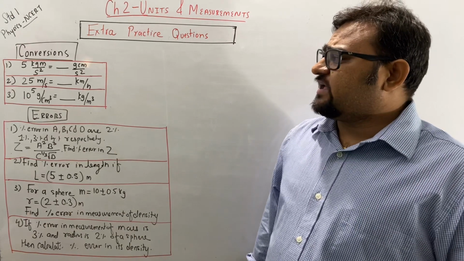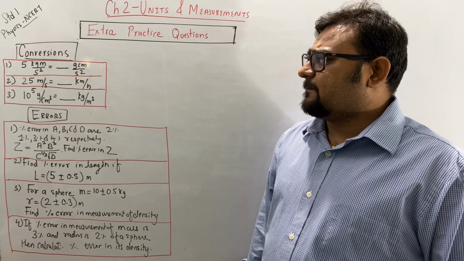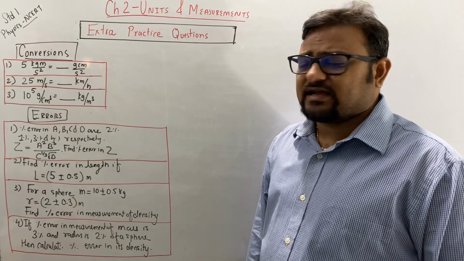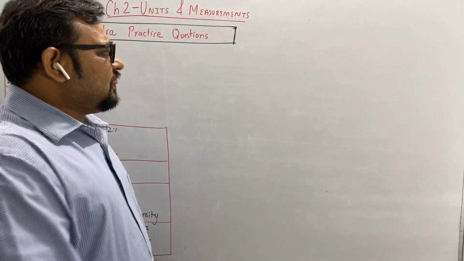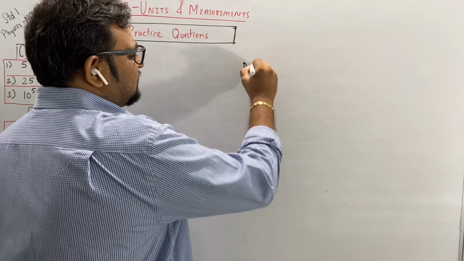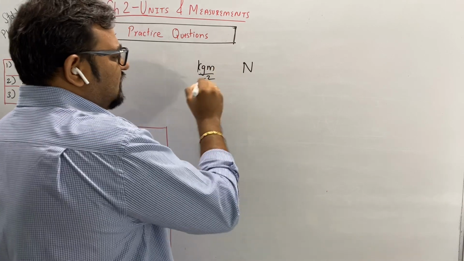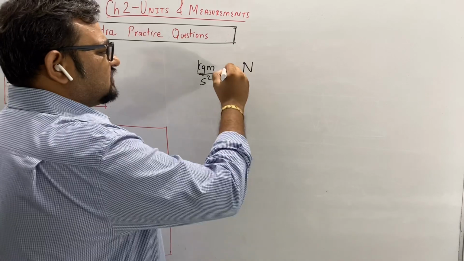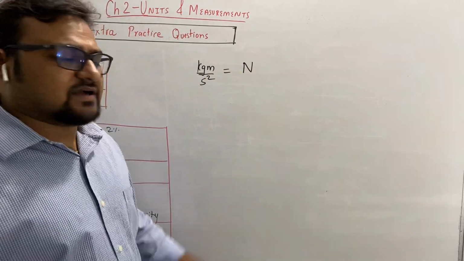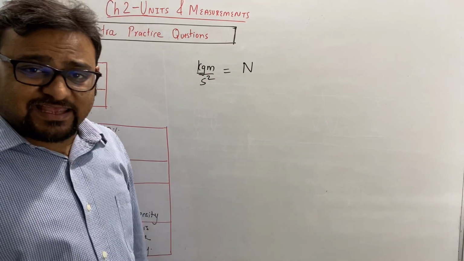See, 5 kg meter per second square equals dash gram centimeter per second square. Now, kg meter per second square, that unit is Newton. Kg is mass, meter per second square is acceleration; force is equal to mass into acceleration, that is Newton. This is the SI unit.